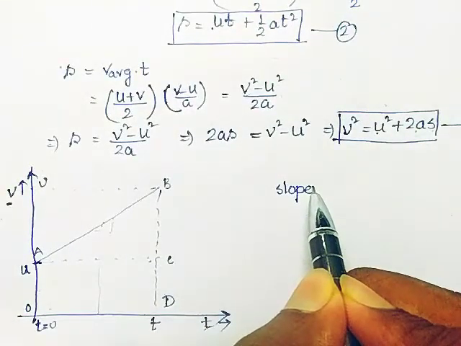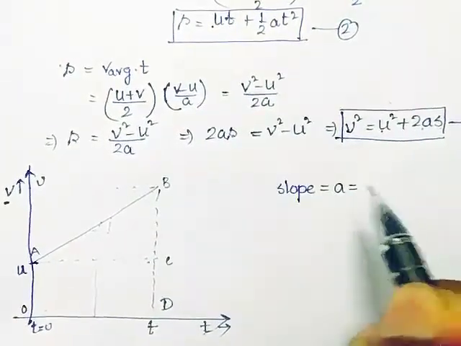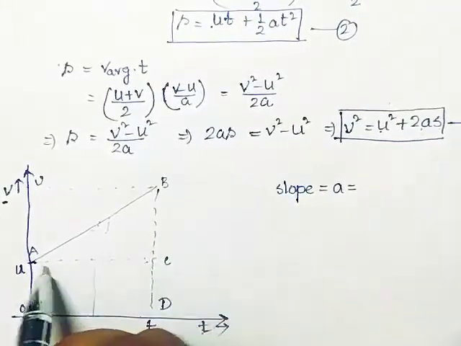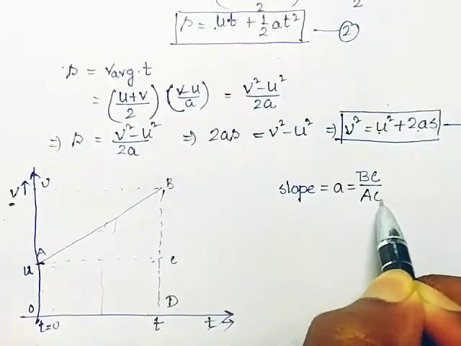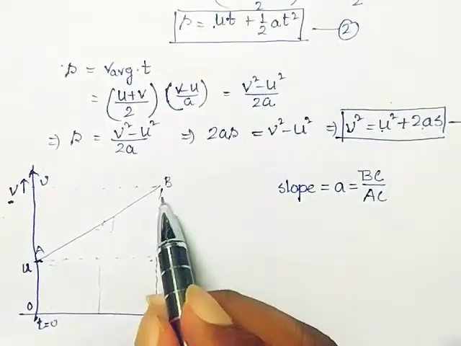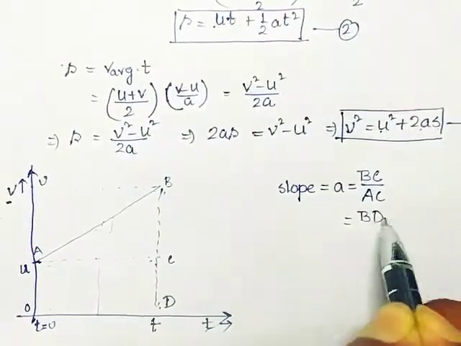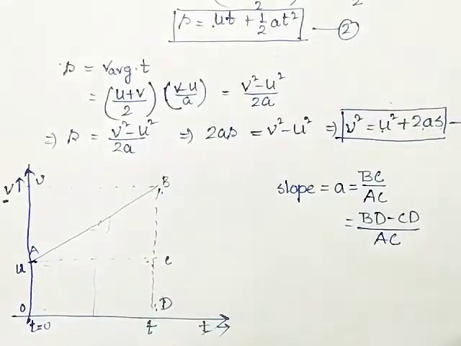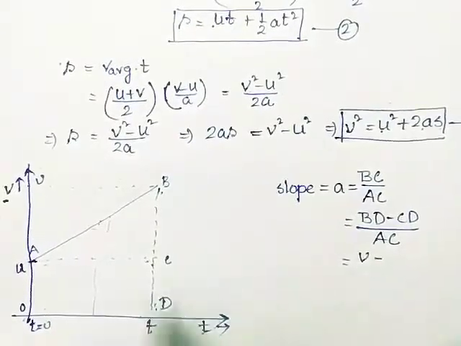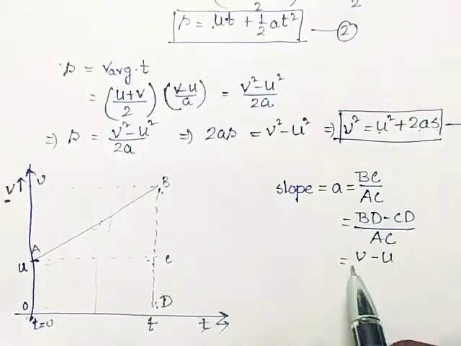The slope of the velocity-time graph basically represents the acceleration. So the slope is basically BC divided by AC. But what is BC? BC is basically BD minus CD. What is BD? BD is basically v. What is CD? CD is equal to AO, and AO is u.